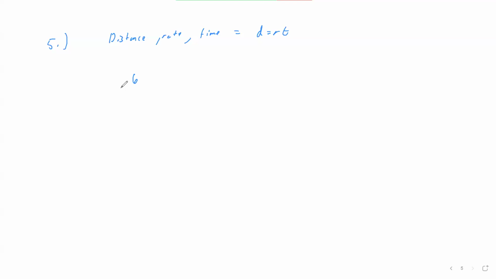Okay, so let's break it down like this. We have our distance, we have our rate, and we have our time. If we were going downstream, the distance is 6 miles, the same time to paddle 6 miles. So downstream, he's going 6 miles.